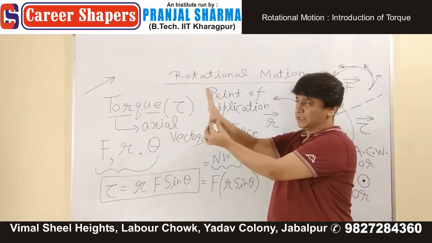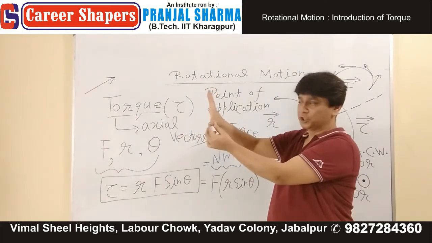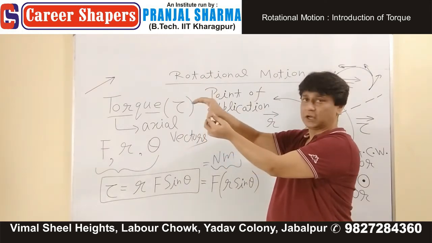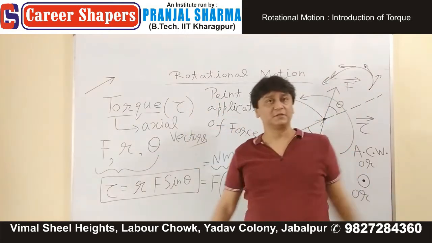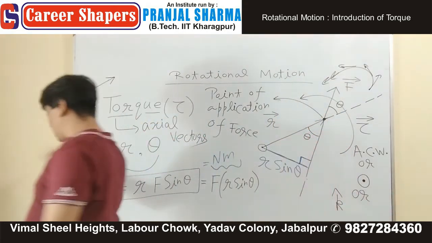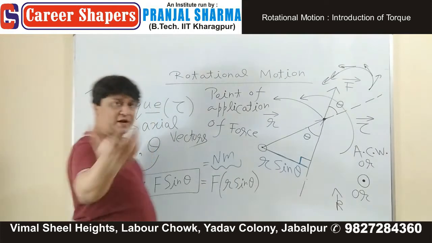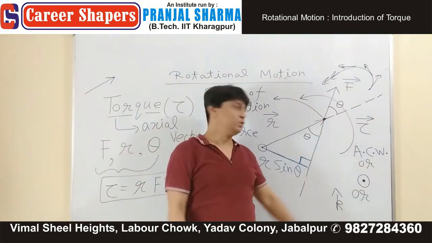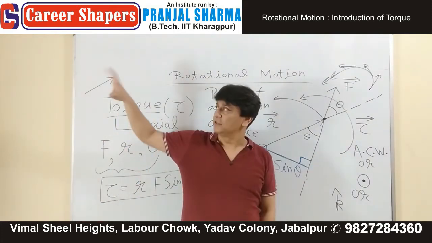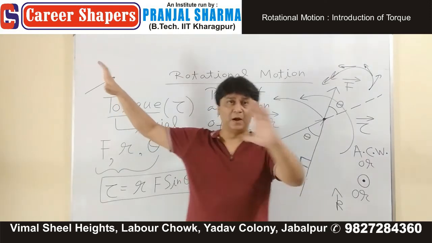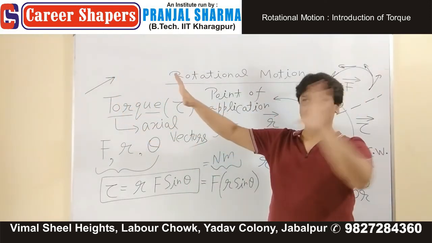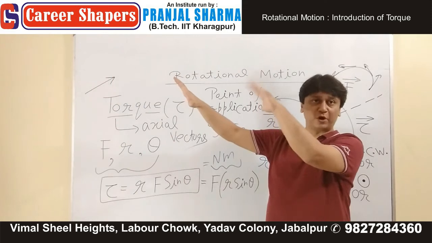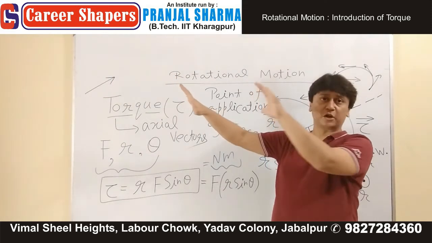Hold your thumb like this, curl. So the sense of torque, if somebody says use right hand, is this. But the person who is using the left hand for the same rotation finds that torque is in.